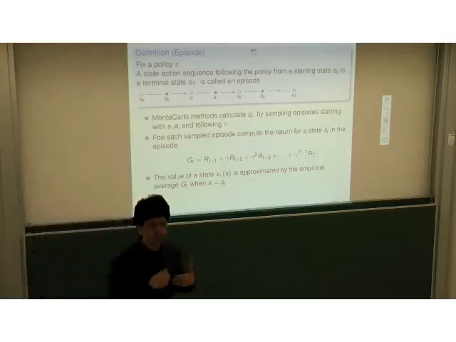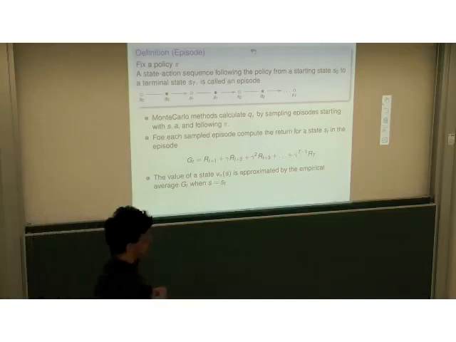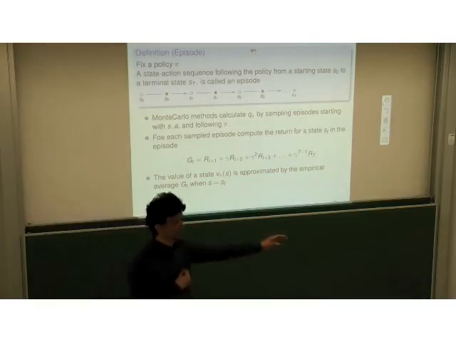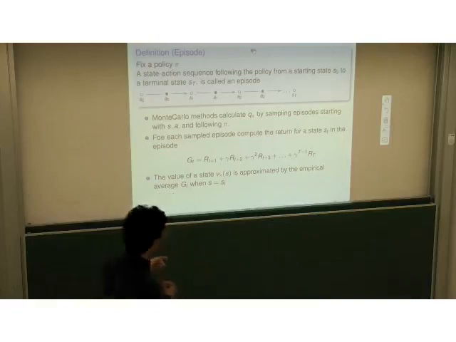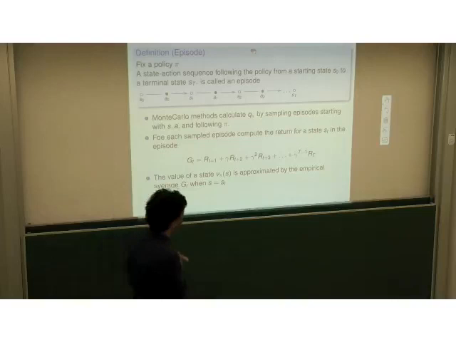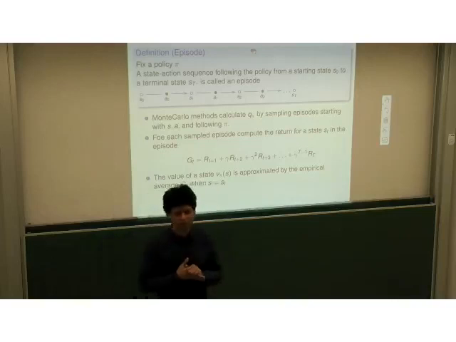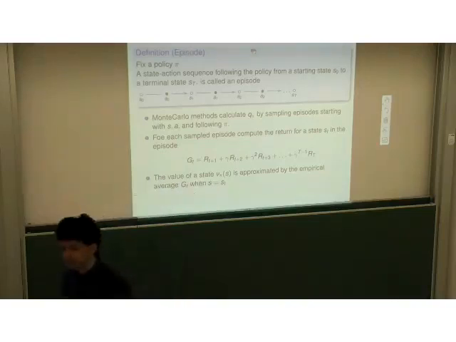To collect the whole reward, I start from a state, or say state and action, and I follow a whole episode to a terminal state. I collect the whole reward, which is denoted here by G_T. This is for one sample, and you just keep sampling many times. And what do people do when you have many numbers?